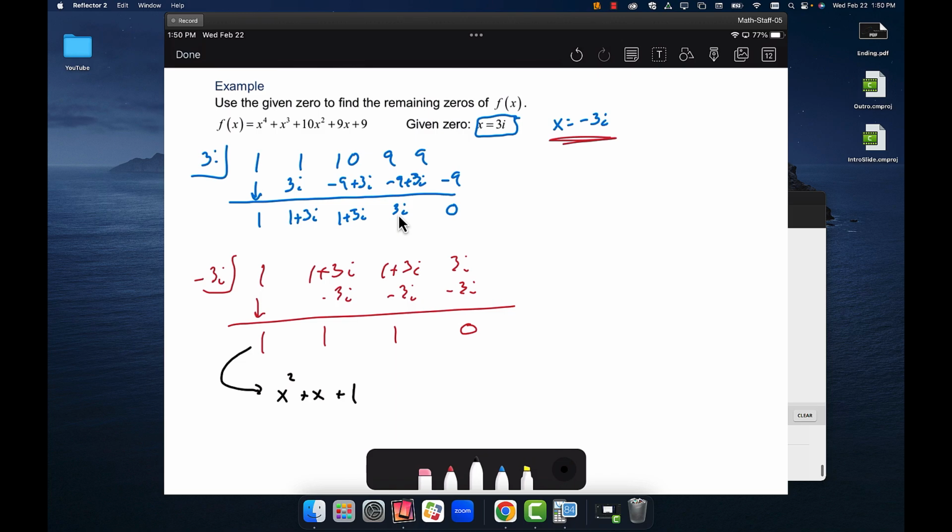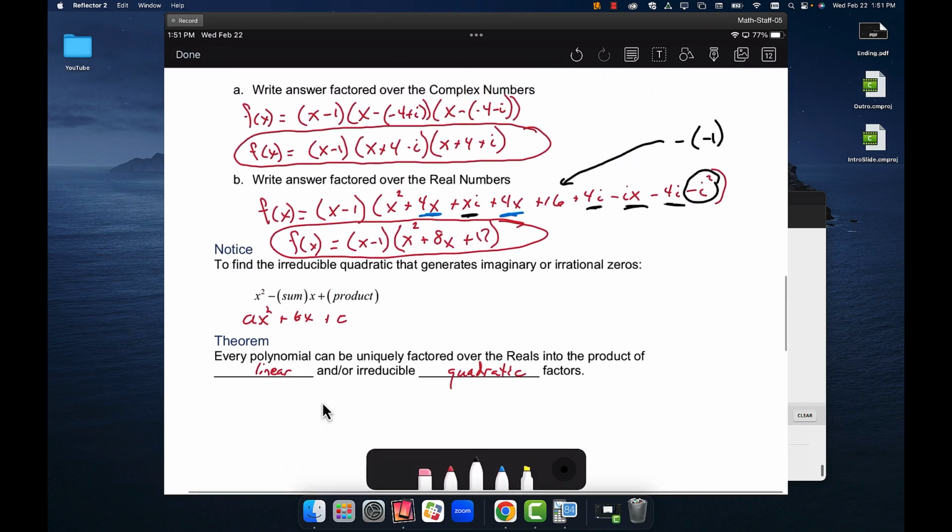So if we're factoring, we get f of x equals x minus the first zero times x minus the next zero. It's going to make this plus 3i times, notice that we actually found this earlier, x squared plus x plus 1, we factored earlier at the beginning.